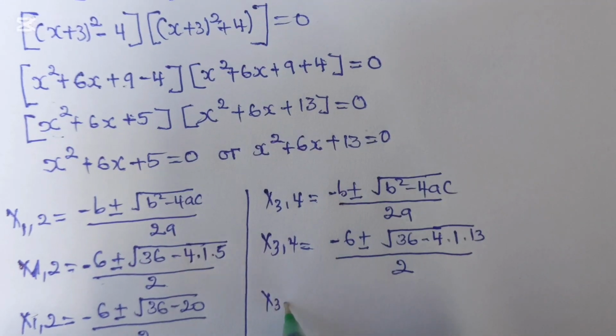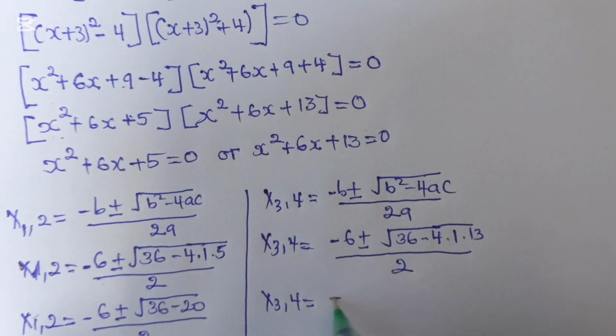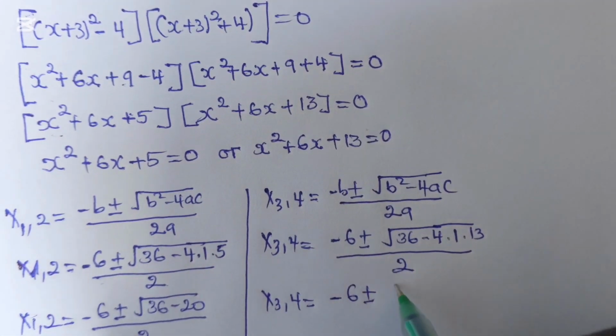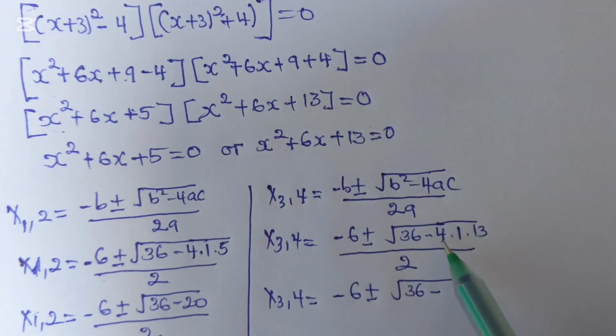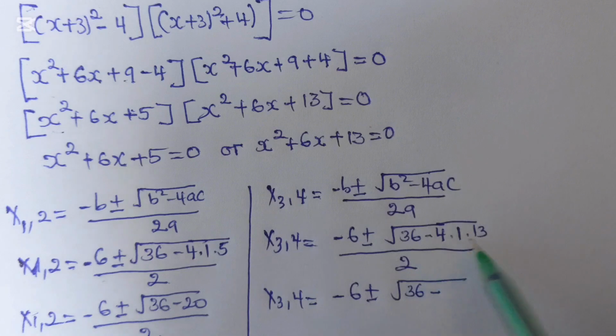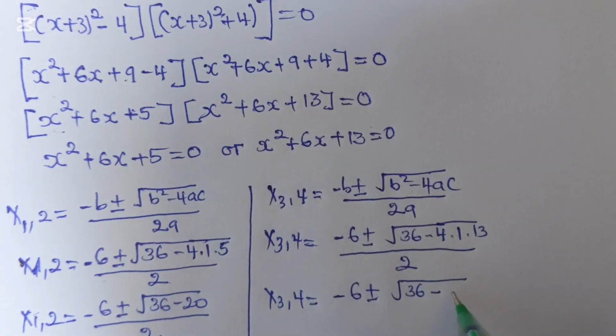Then x3 and x4 would be negative 6 plus or minus the square root of 36 minus 52, over 2.